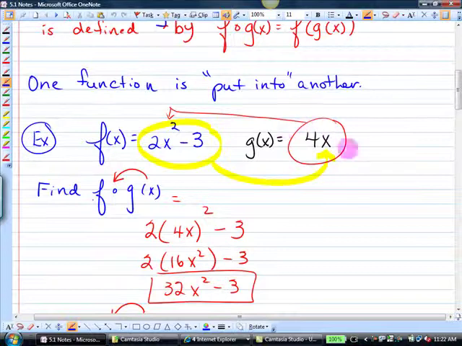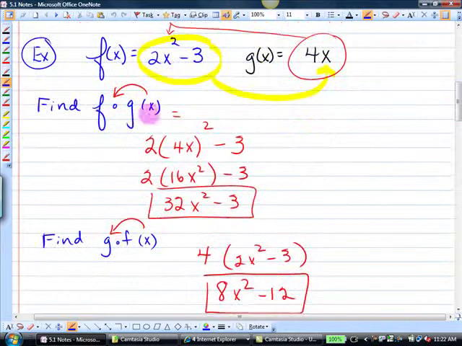So I'm going to take g of x and put it in everywhere there's an x in the other function. So instead of 2x squared, I've got 2 times this thing squared, minus 3. Clean that up as much as you can, and here's the answer. F of g of x is 32x squared minus 3. That's what you get when you put this function in for x.